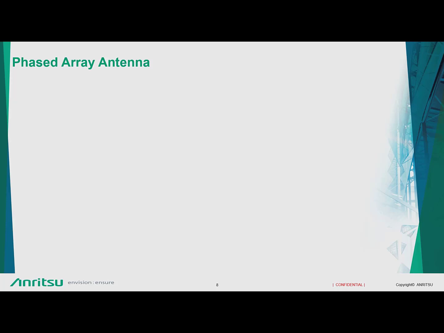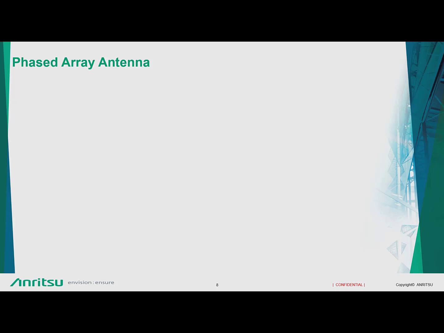But as time has progressed, the beam steering has gone the electronic way. And that is what also happens now in the 5G communication system, in which the beamforming happens by a phased array antenna. Now the same concept also applies for radars.